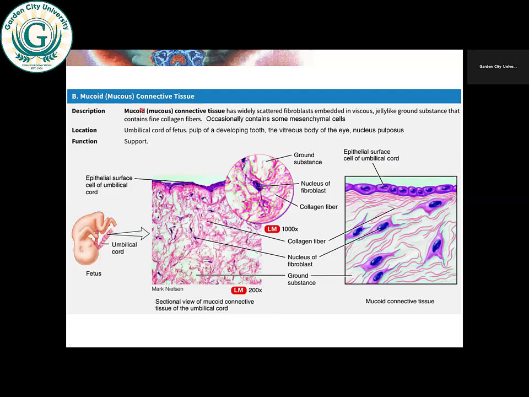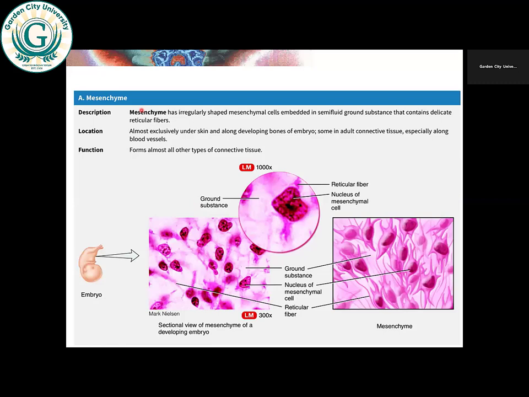In a mesenchyme connective tissue, it will have all those connective tissue components: cells, fibers, and ground substance. The most important point that I want you to note is that mesenchyme connective tissues are found in the embryo.